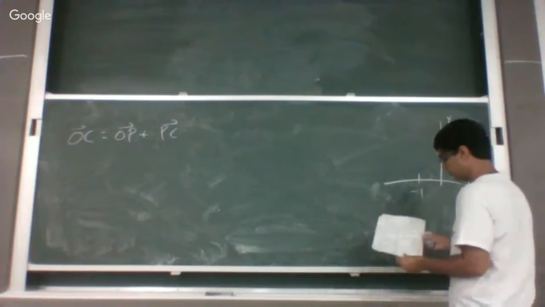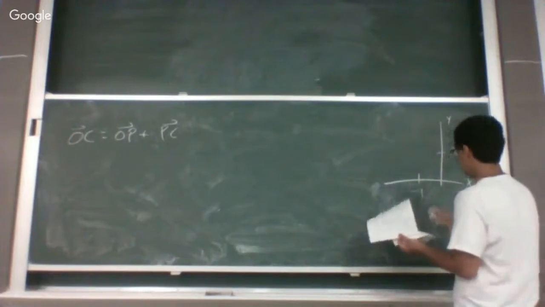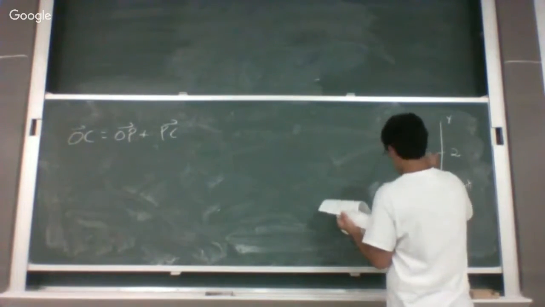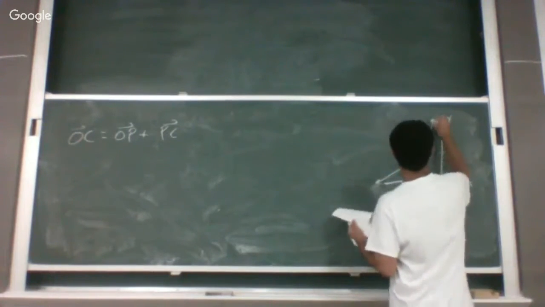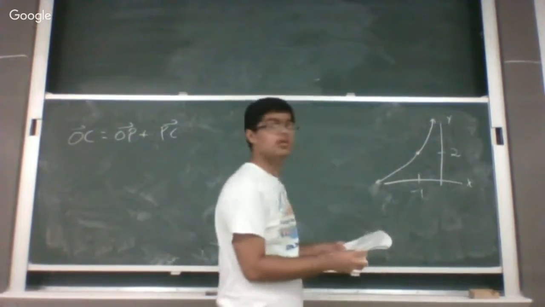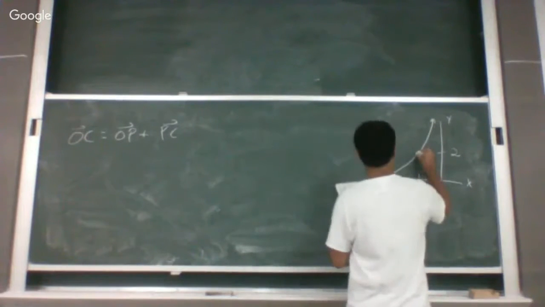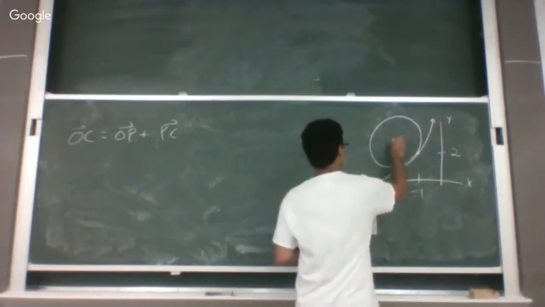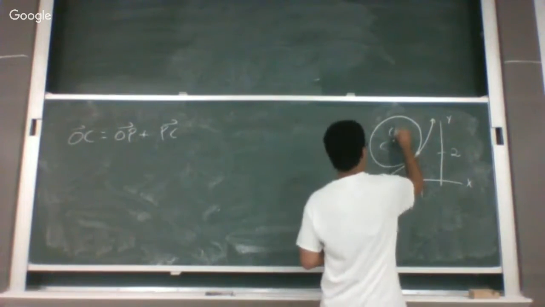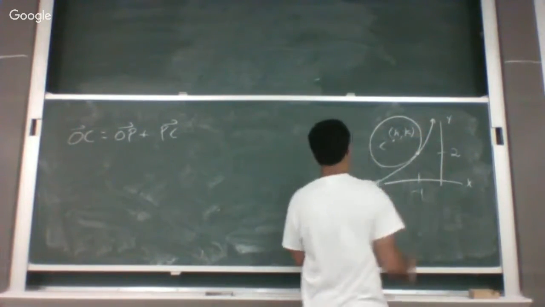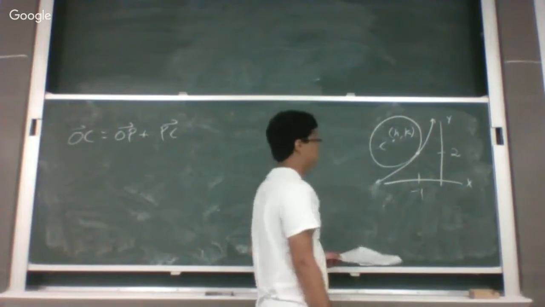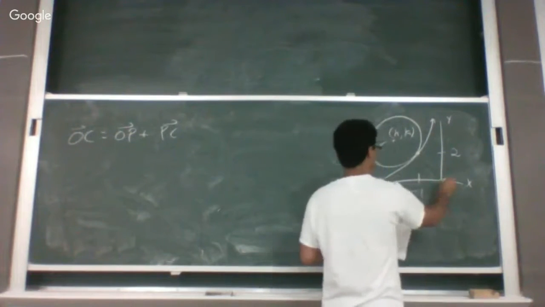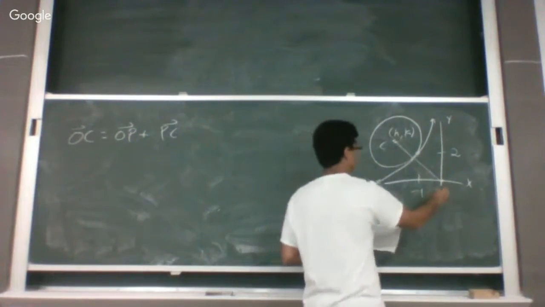So they gave us this graph, right? We draw a circle where the dot is, that's where the circle touches it. And we have the center of the circle, h comma k. The vector coming from the origin going to the center is OC.